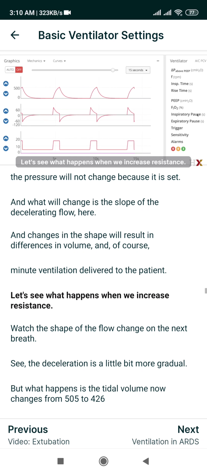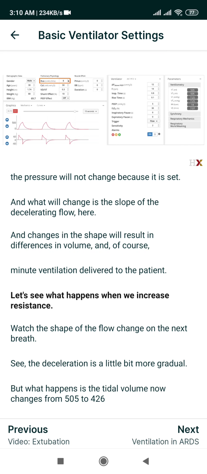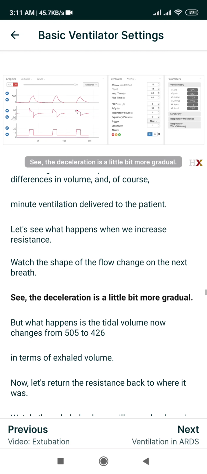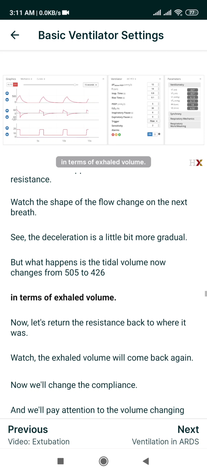Let's see what happens when we increase resistance. Watch the shape of the flow change on the next breath. See, the deceleration is a little bit more gradual, but what happens is the tidal volume now changes from 505 to 426 in terms of exhaled volume.